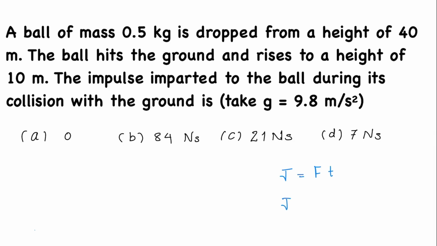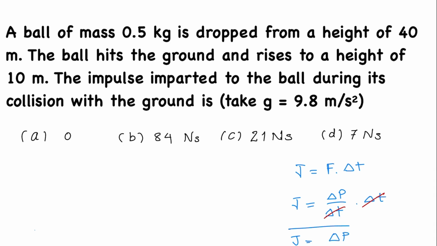J can also be written the other way around: impulse J is equal to force into time delta t, and force is written as change in momentum by time, so J is change in momentum by time into delta t, where time gets cancelled out and we can write the impulse as J is equal to change in momentum.